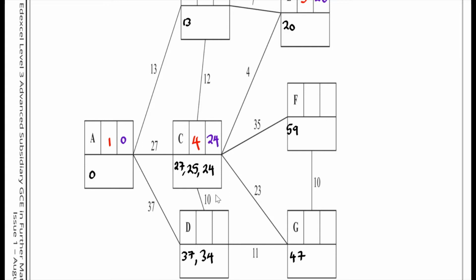So we take 34 inside here and we label D with a number 5. 34 plus 11, that's 45. And of all of the remaining boxes, 45 is the smallest one. So we take 45 in here and we label G with a 6.